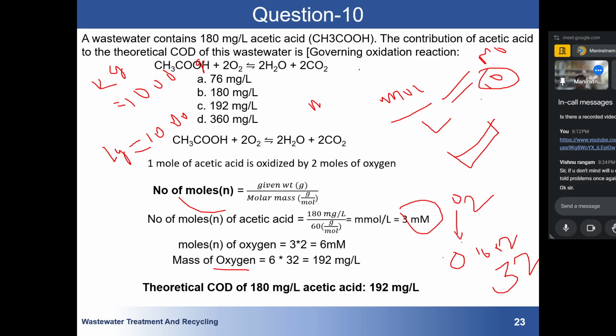Okay, sir. How did I get this 60? Here I have the molar mass of acetic acid, I have written 60. How have I calculated this 60? The formula is written here; you can take help of this formula.